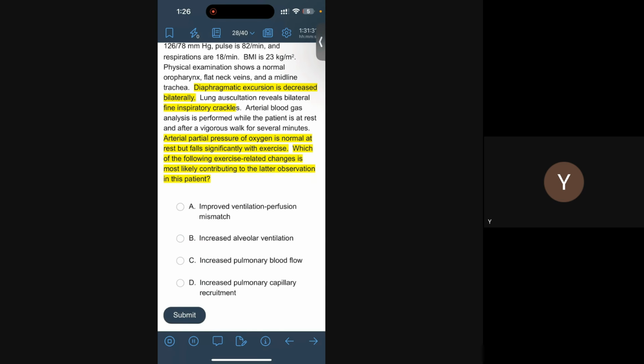Remember that? Yes. So during exercise, the time during which an oxygen molecule remains in the alveoli, would it be higher or lower? It will be lower. Because the blood flow is going to increase, right?